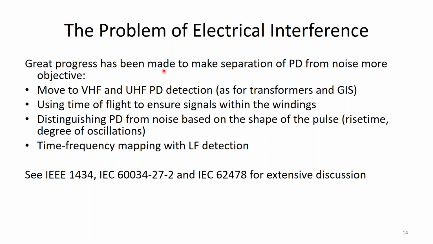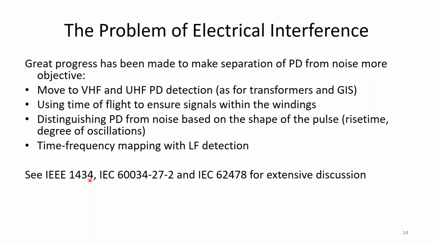In fact, this move in rotating machines to this high frequency range has been exactly duplicated in transformers and GIS, where you want to measure the PD on power transformers and GIS. It turns out if you're measuring in those higher frequencies, you're much less sensitive to arcing and sparking outside of the test object, the transformer or the machine. Okay, and this standard goes into a lot of detail on that.